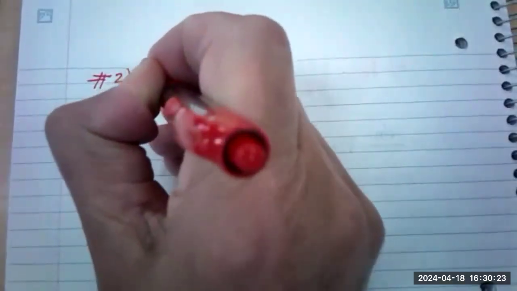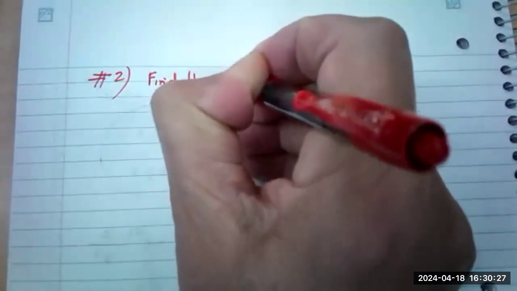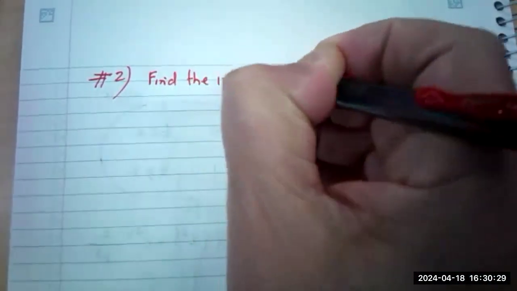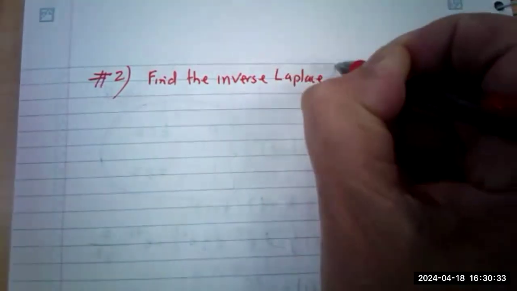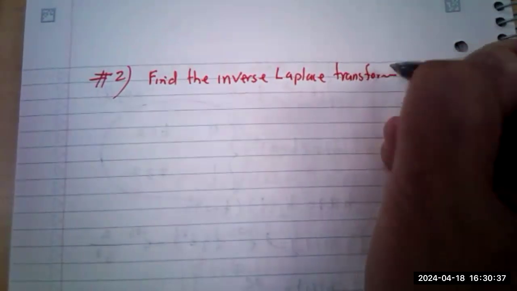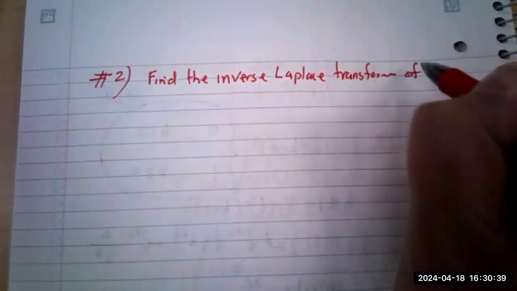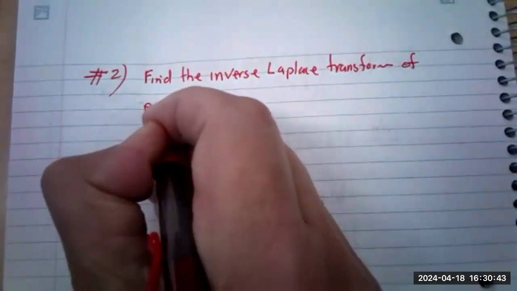Let's do it one by one. I'll explain it for you. So find the inverse Laplace transform of each function.